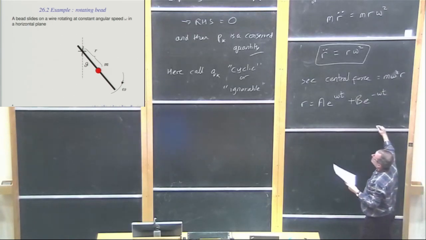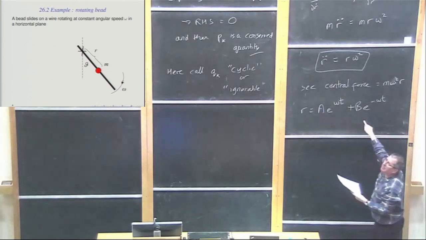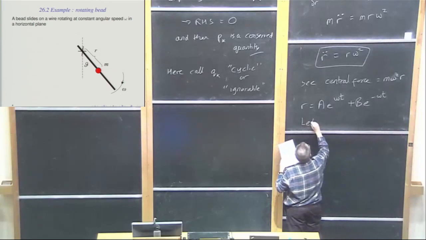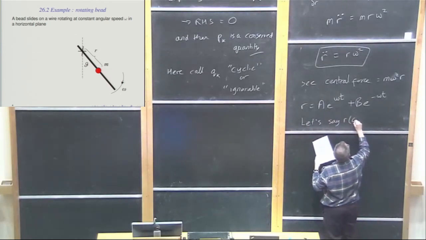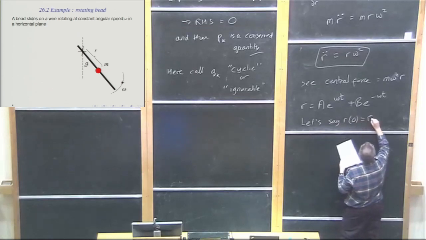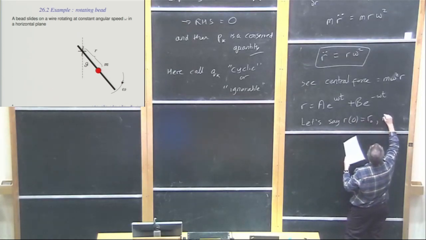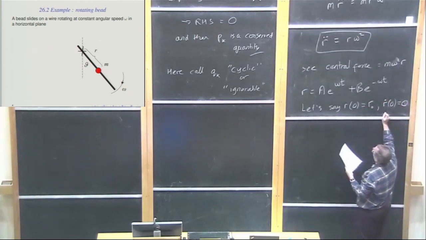Let's take this further. Because these constants must be fixed by the boundary conditions, the initial conditions, let's say that r at time equals 0 is r subscript 0, and the radial velocity at time equals 0 is 0, okay?